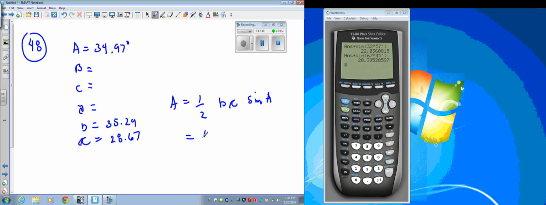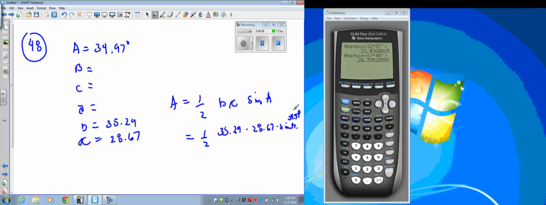So the formula is 1/2, B is 35.29 times 28.67 times the sine of 34 point, plan ahead here, 34.97.